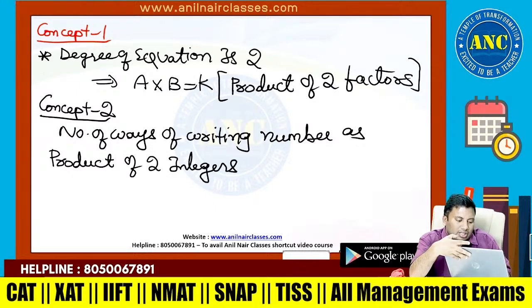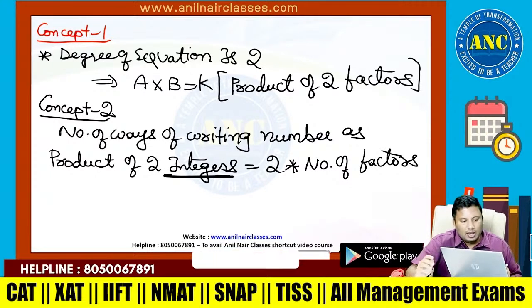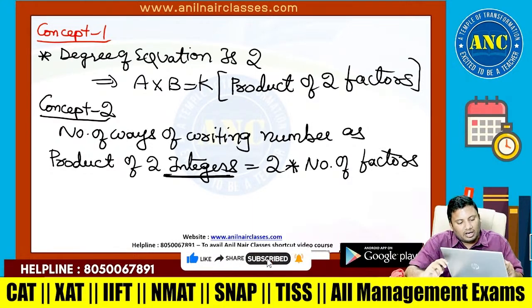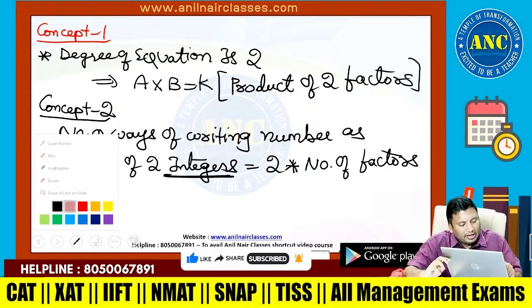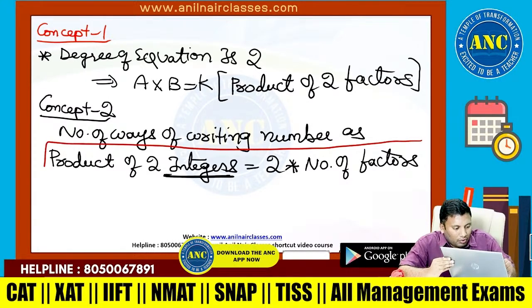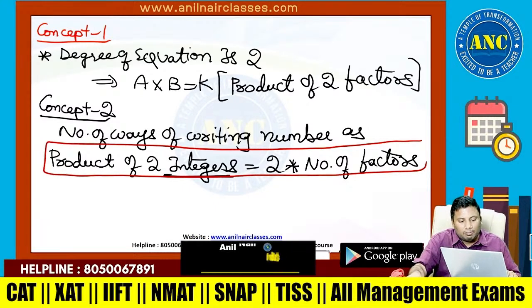Previously we did two factors. It is nothing but twice the number of factors. Number of ways of writing a number as a product of two integers is twice the number of factors.